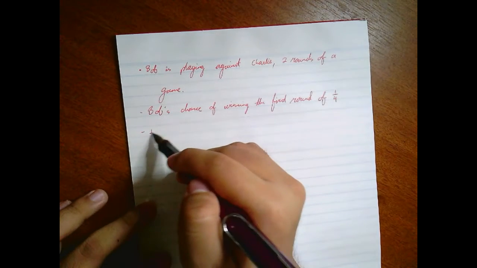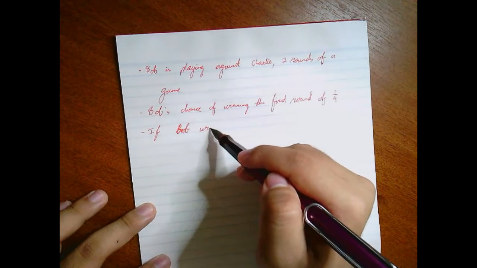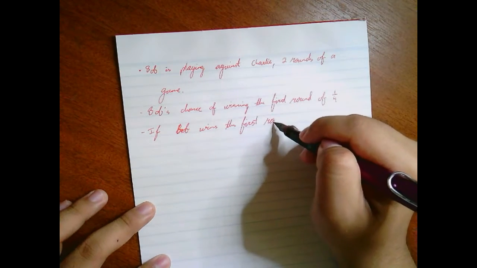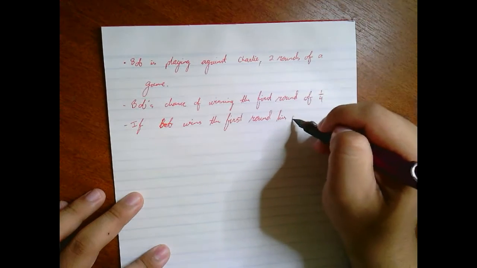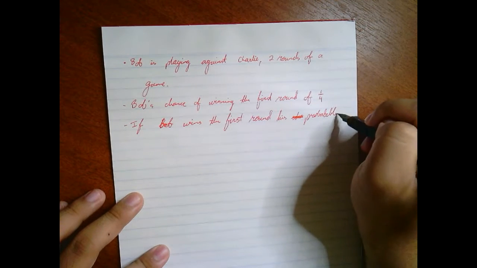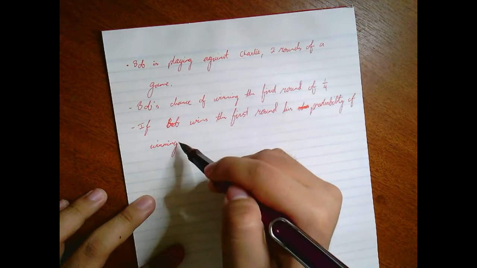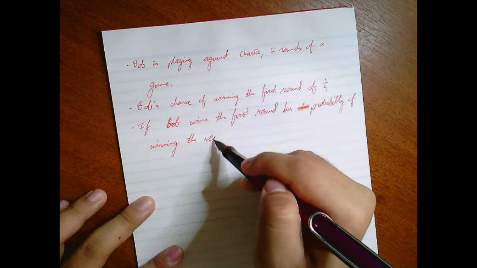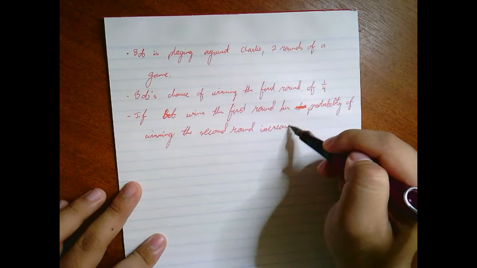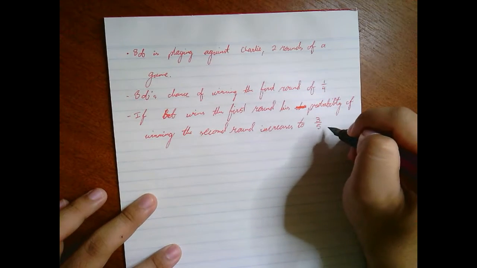If Bob wins the first round, his probability of winning the second round increases to 3 out of 5.